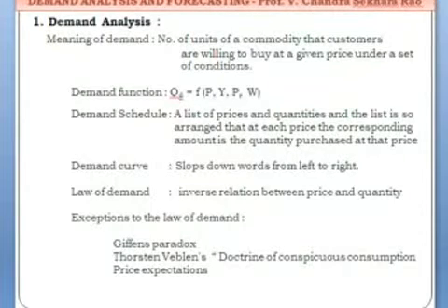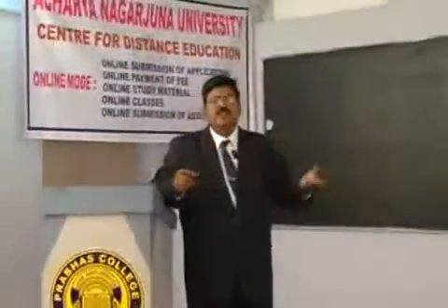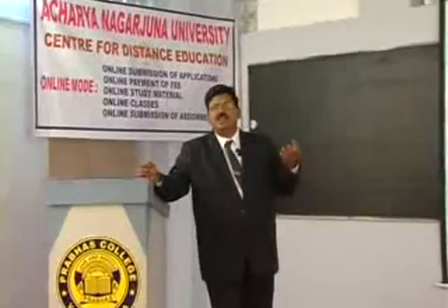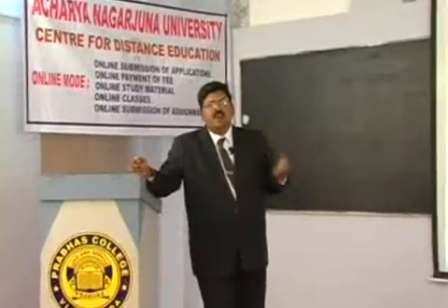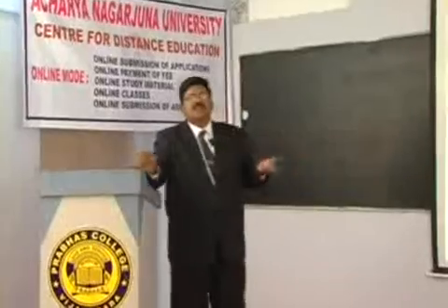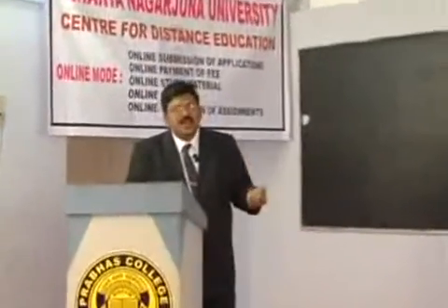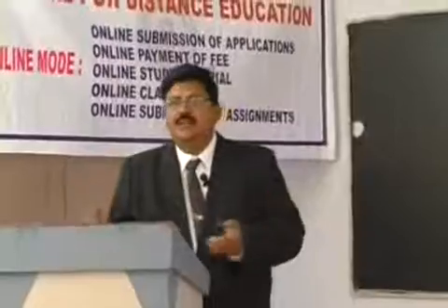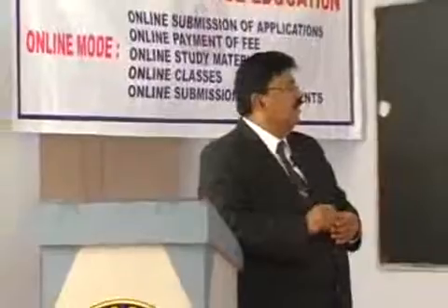The price quantity relation you can express as a verbal statement, in terms of numbers, or as a graphical presentation. Simply, the quantity demanded varies inversely with the price. That is the verbal statement of the law of demand. And you can show that in a table and in a graph also. So that becomes the demand schedule and demand curve.